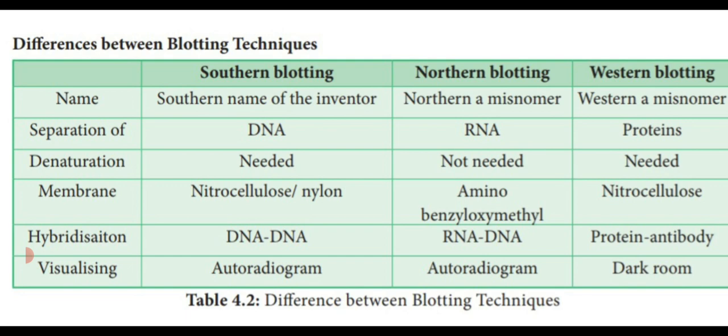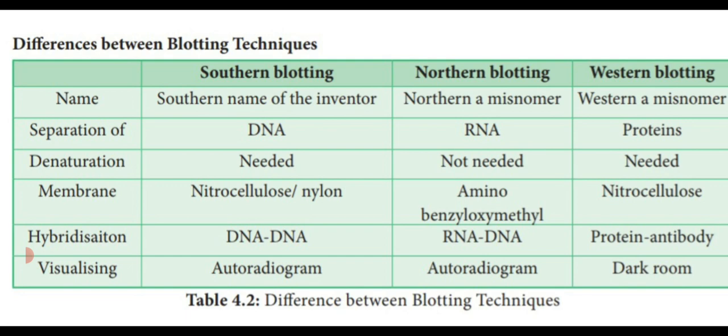First, the name of the inventor: Southern is named after the inventor, Northern a misnomer, Western a misnomer. Separation of DNA, RNA and protein. Denaturation is needed for all 3 processes. Denaturation means separating double-stranded DNA into single-stranded.